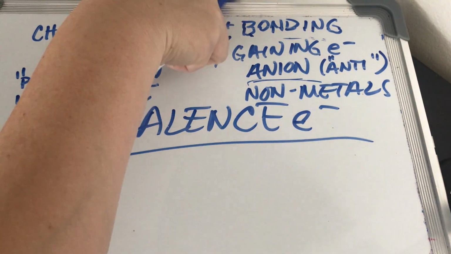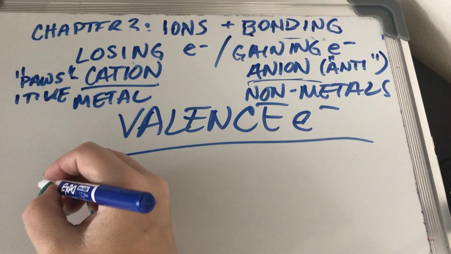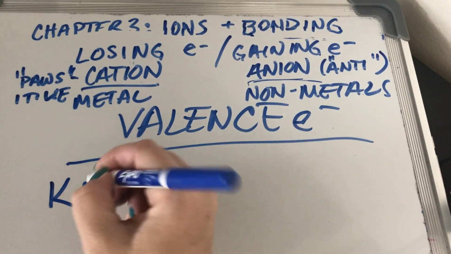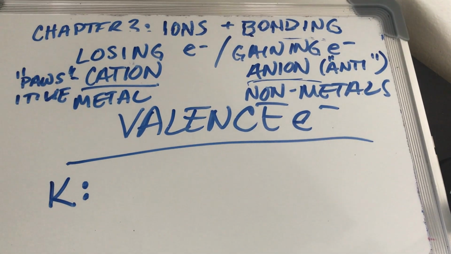So, here's where we connect the dots to our electron configuration. Let's look at potassium, K, and let's do the abbreviated electron configuration.